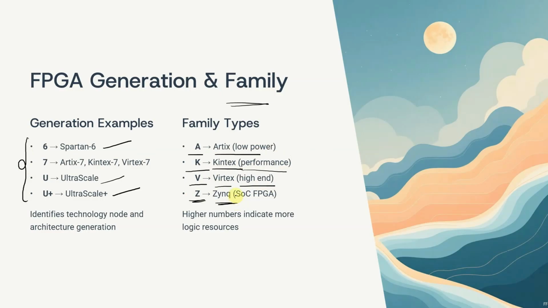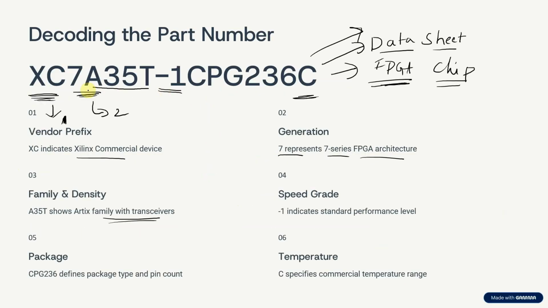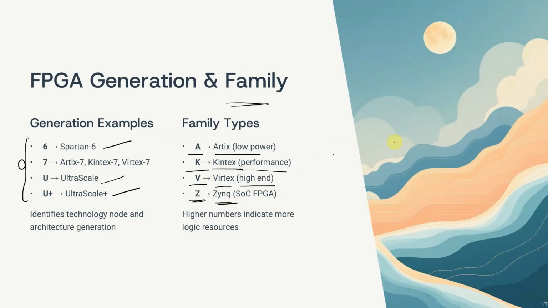And Z stands for Zynq. So for Artix FPGAs you are going to have A here, and if you have XC7Z, then it is for Zynq-based FPGAs. And if you have XCV, it is for Virtex-based FPGAs. These are nothing but different types of families, and they all come under the Xilinx family only.